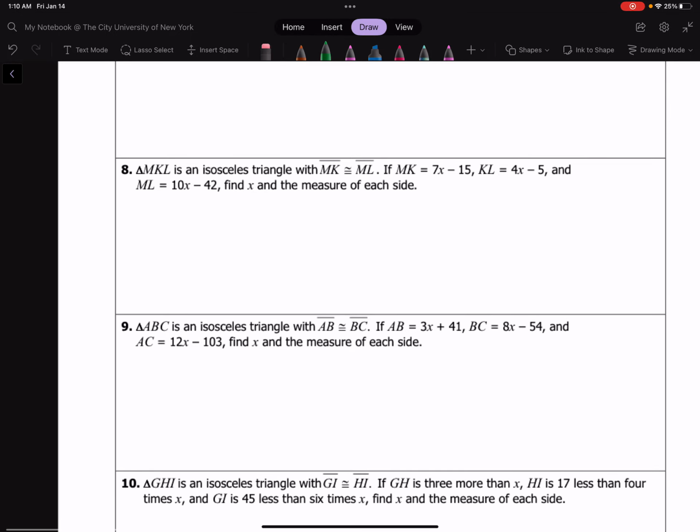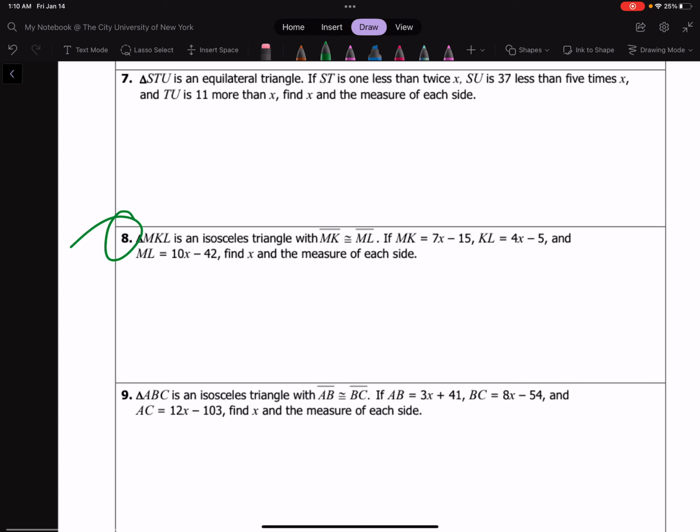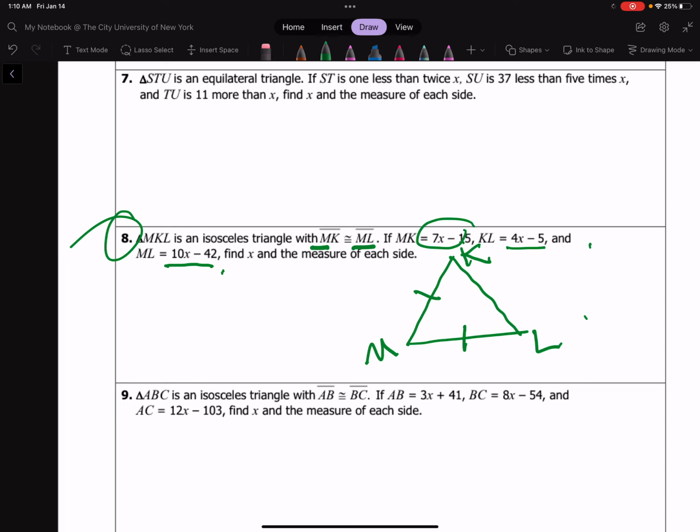And then, if you're told, let's say number 8, MKL is an isosceles triangle, so let's draw something like this. MK and ML are congruent. MK is 7x minus 15, KL is 4x minus 5, and ML is 10x minus 52. You have to find x.